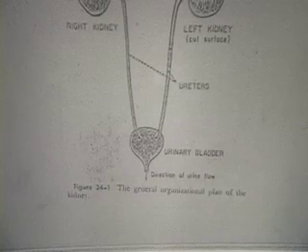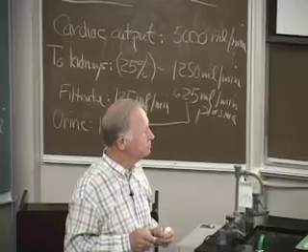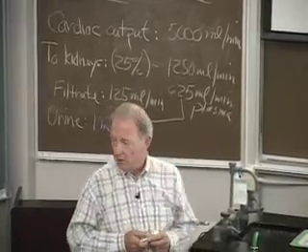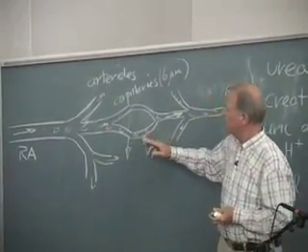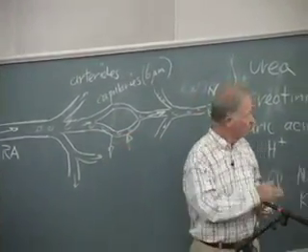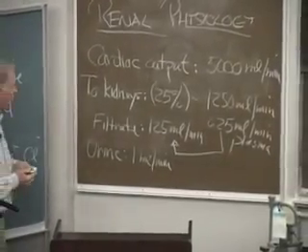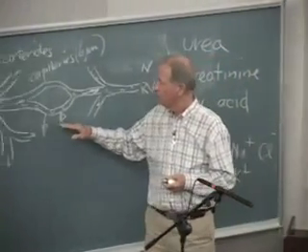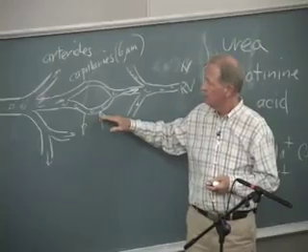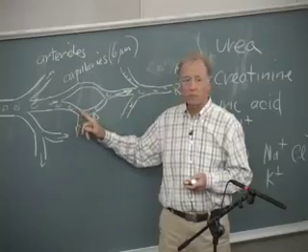Did you have a question, Michelle? Yeah, so how does the 500 mils that doesn't get filtered work? It just stays in the capillary. You see, you can't filter 100% of the plasma that comes into this capillary bed.